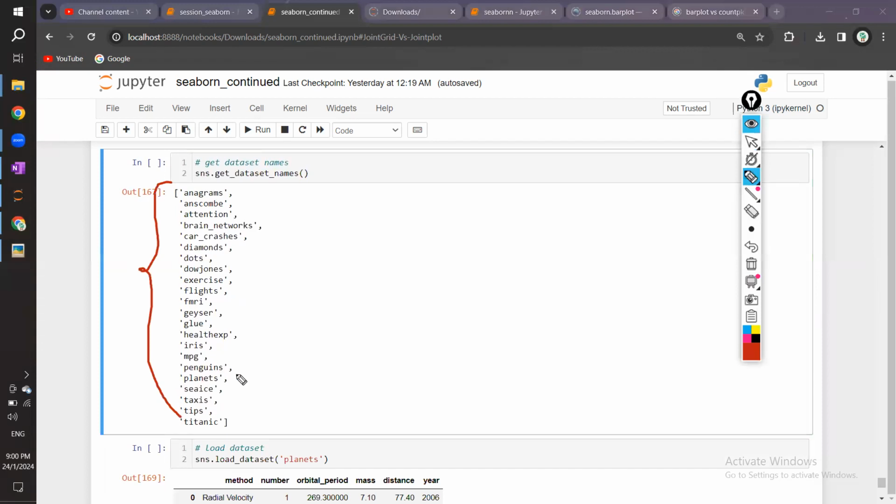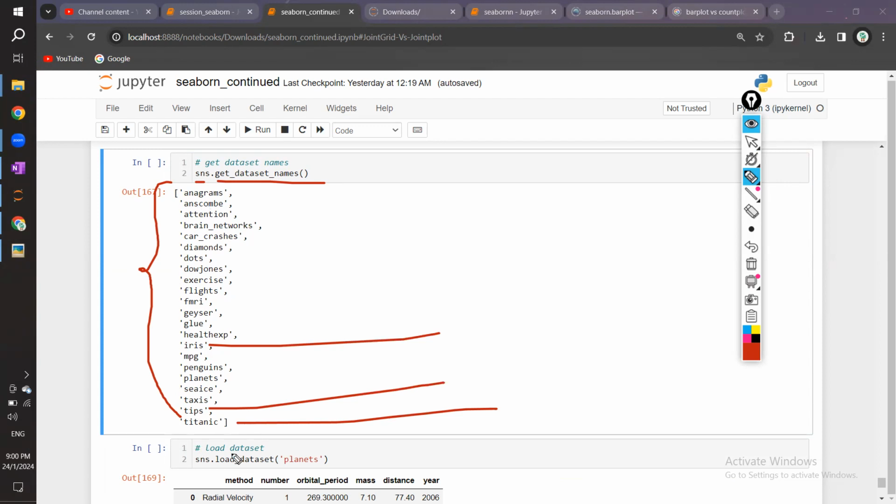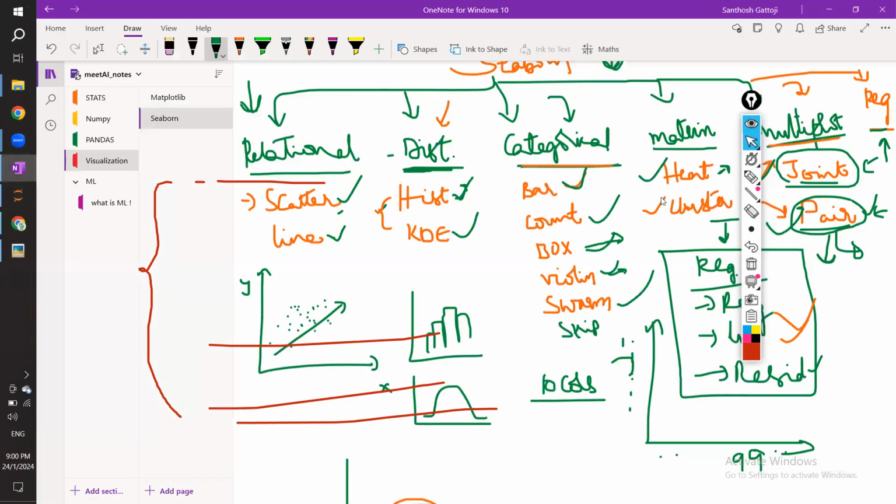You can list them with sns.get_dataset_names. It shows all these datasets. We have used iris, tips, and Titanic, but there are so many datasets which are unexplored. You can take one or two datasets and try to draw each and every plot which was discussed, scatter, line. That will be a very good exercise.